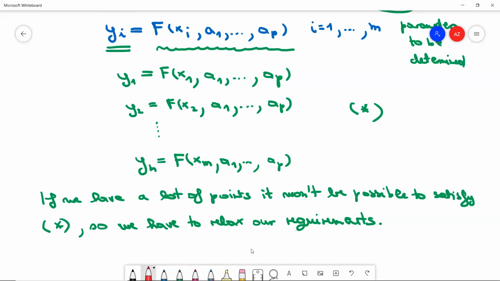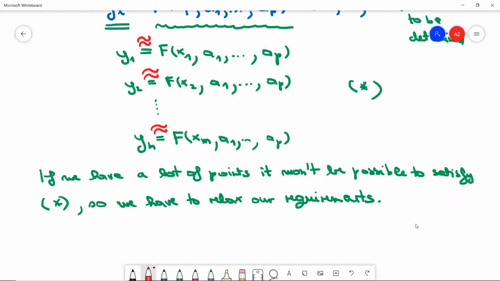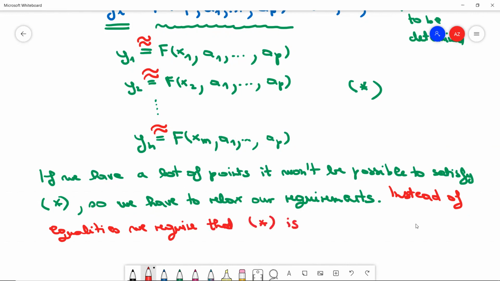Instead of equalities, we have approximations; we require that our system is approximately satisfied.